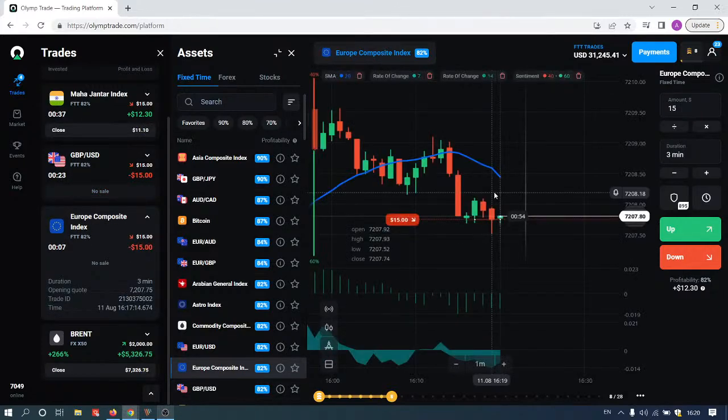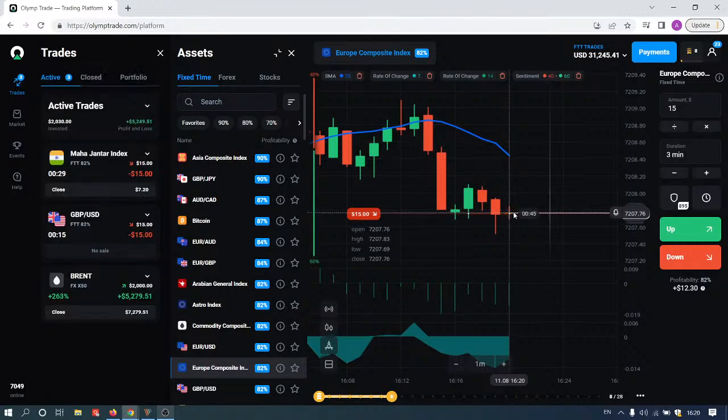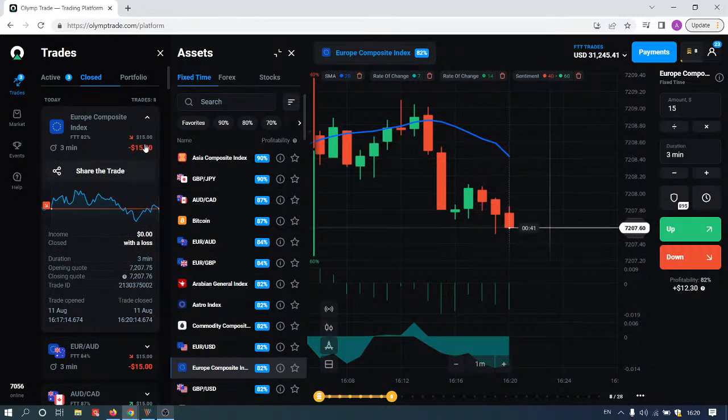It will be interesting to see how this trade closes because we are trading right at the opening price. So how did it close? It still closed with a loss.